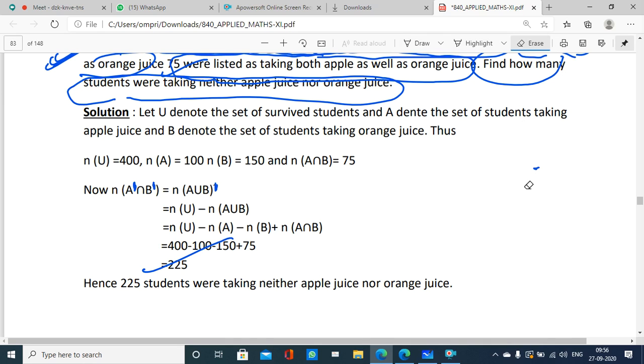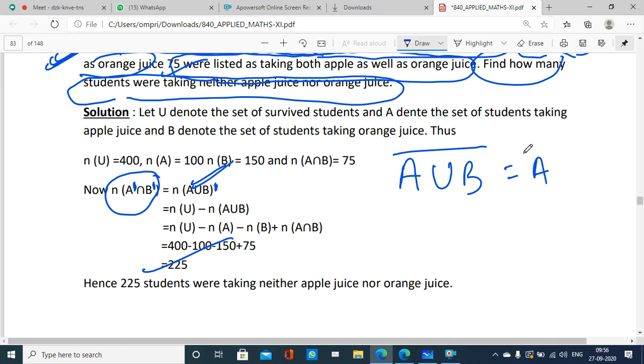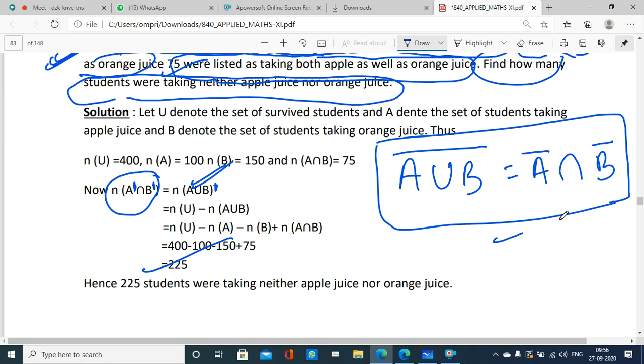And also, if you ever get confused about what this is, didn't we discuss De Morgan's law? A union B whole complement is equal to A complement intersection B complement. It was De Morgan's law. I told you to memorize it.